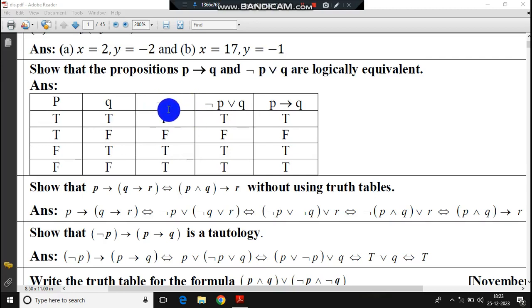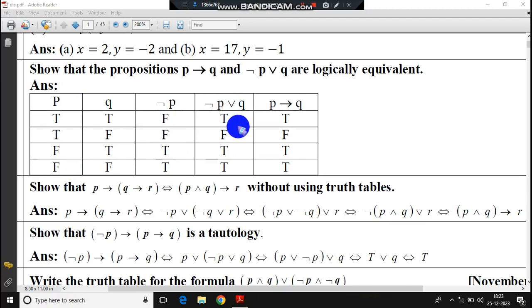Negation of P is nothing but the opposite truth value of P. So if the truth value of P is true, then its negation is false. If the truth value of P is false, then its negation is true. So these are the negations.